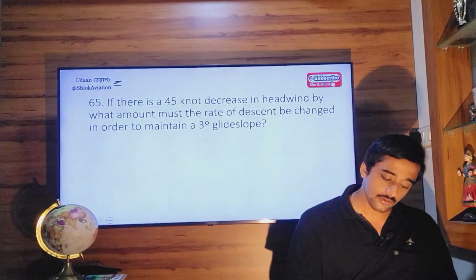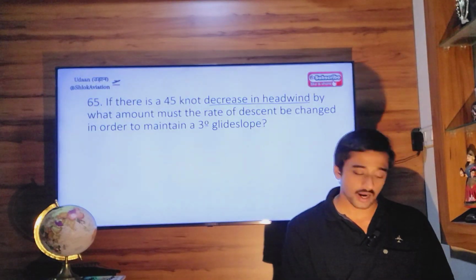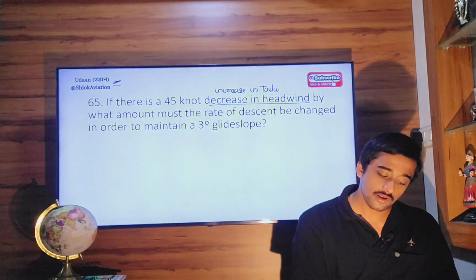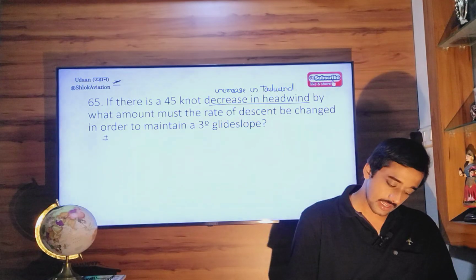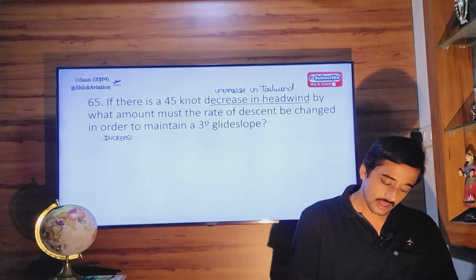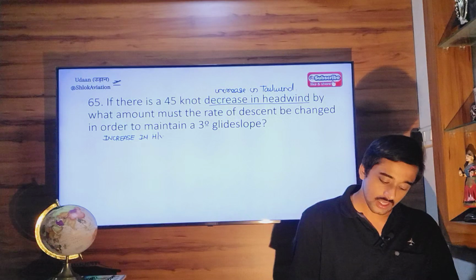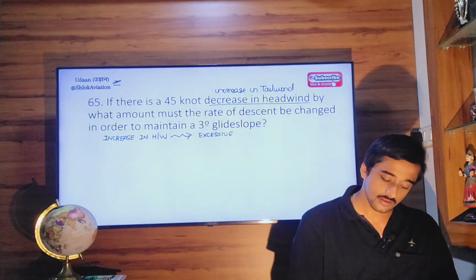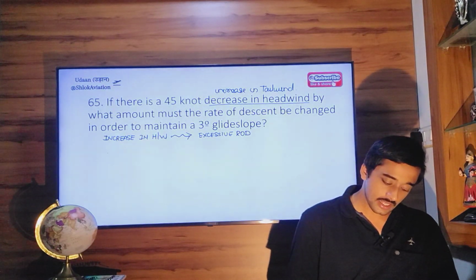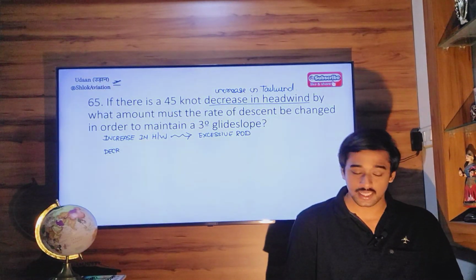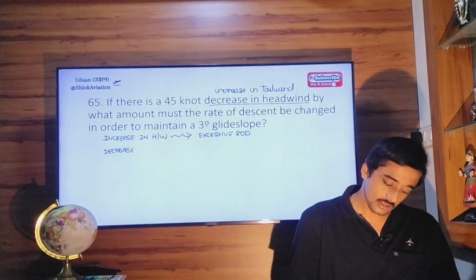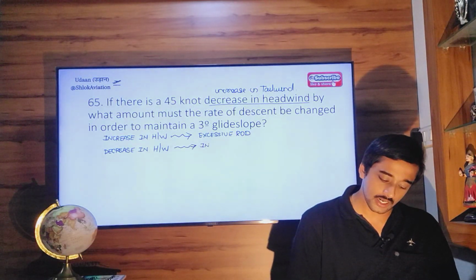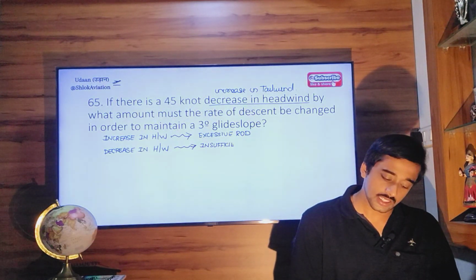A decrease in headwind is nothing but something like an increase in tailwind. So if an increase in headwind leads to excessive rate of descent, then a decrease in headwind or increase in tailwind will lead to insufficient rate of descent.